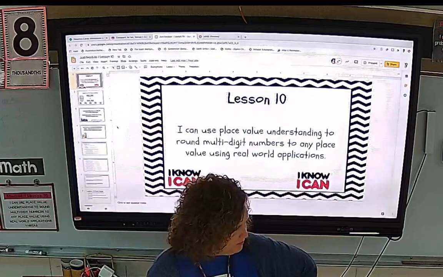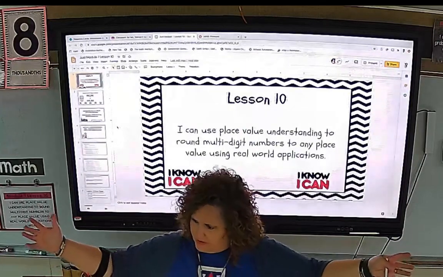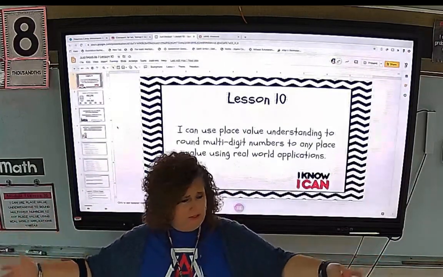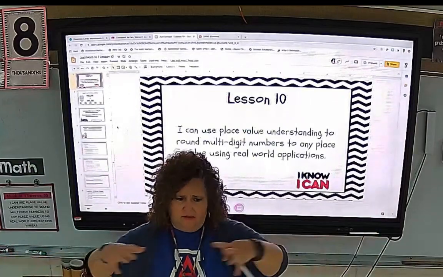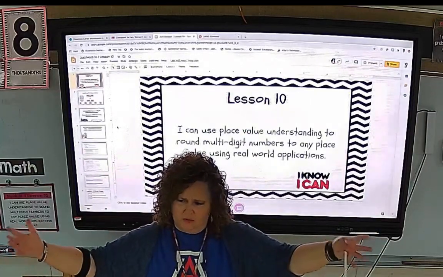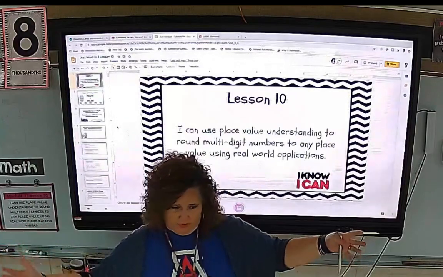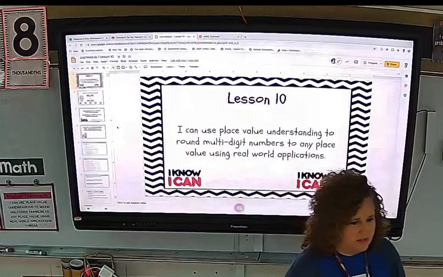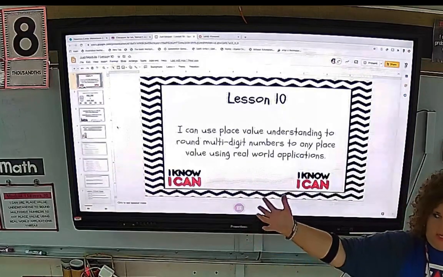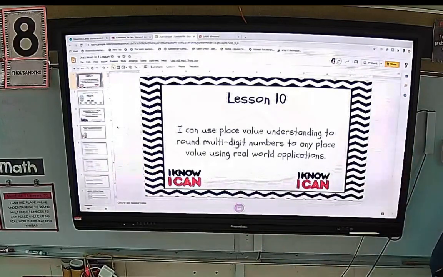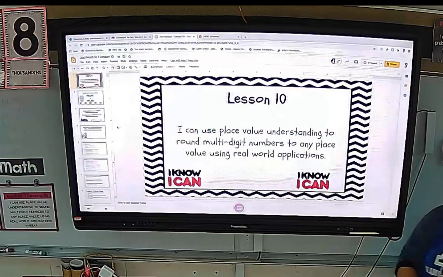Now that sounds like a big number, but what if it's one of those giant football stadiums that holds 100,000? Doesn't the Tennessee football stadium hold over 100,000 people? So if there's 2,000 people there, it does feel very small when they're all in this gigantic stadium. So there's lots of situations where rounding happens, and we're going to see that a little bit today.